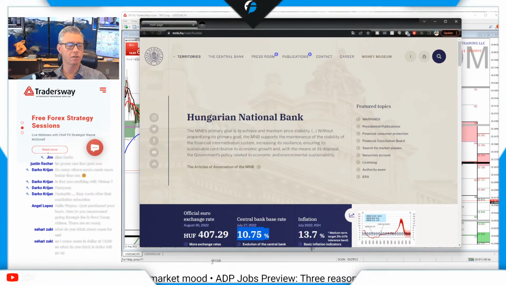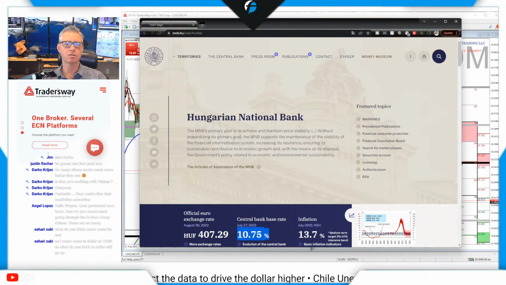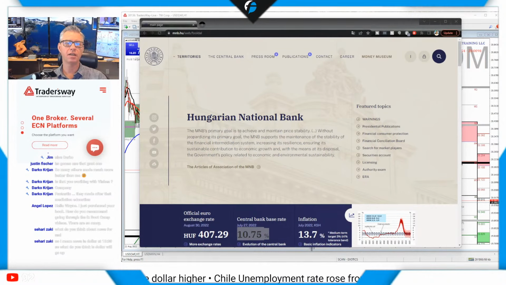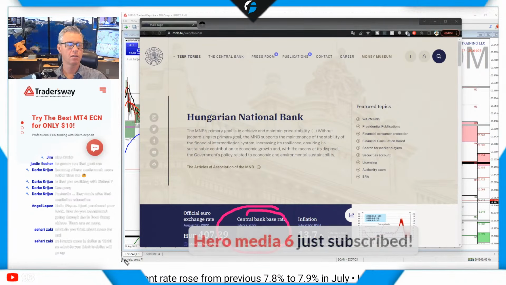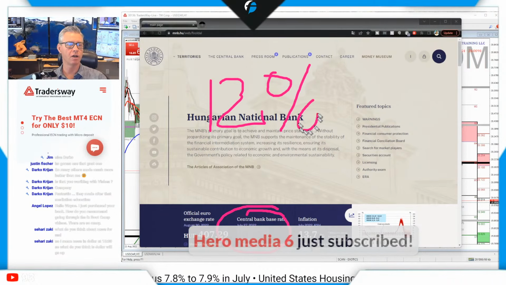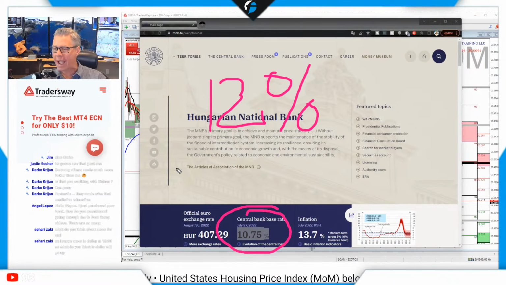Check this out. They're going to raise this to 12%. Well, we were just talking about Czech Republic needing to compete with Poland and Hungary. And Hungary's very, very soon going to have 12% in interest rates. What? Wow. Wowzer.